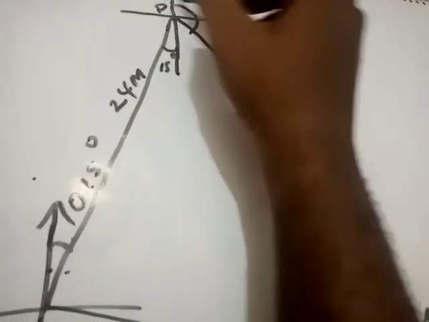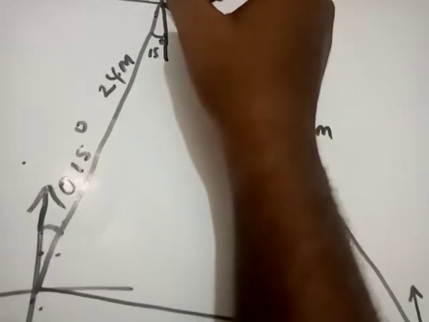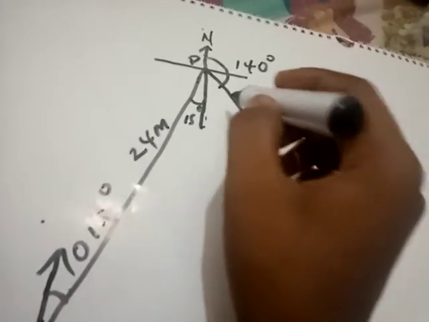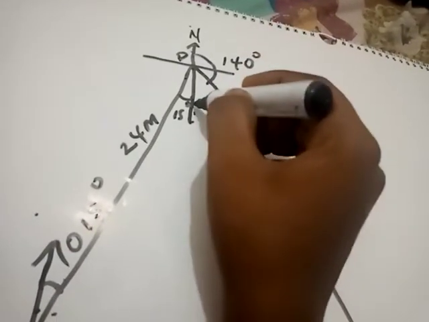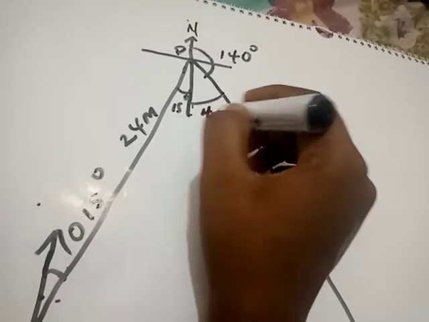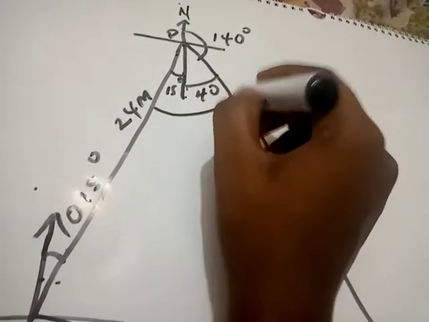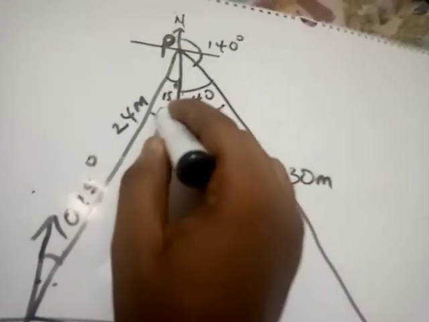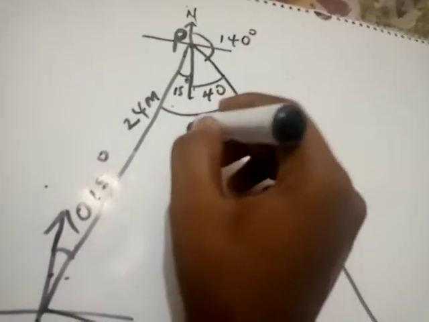Remember that from north to south is 180 degrees. So this angle will be 180 minus 140, which gives me 40. So the whole of angle P will give me 15 plus 40, which gives me 55 degrees.